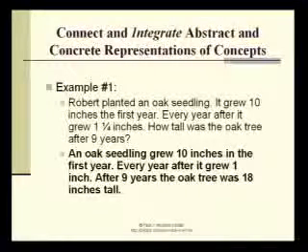So anytime you can build connections through concreteness, we'll go back to Robert's oak tree, although since I'm in Georgia, I should have used pine trees, right? We really focused on the abstract, the numbers.